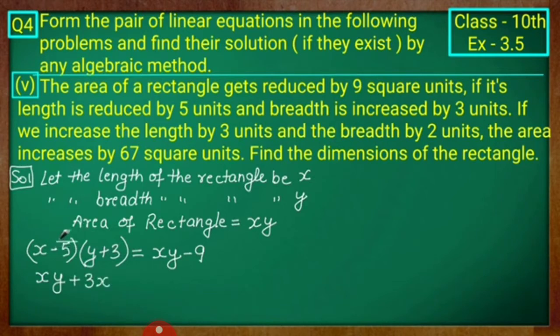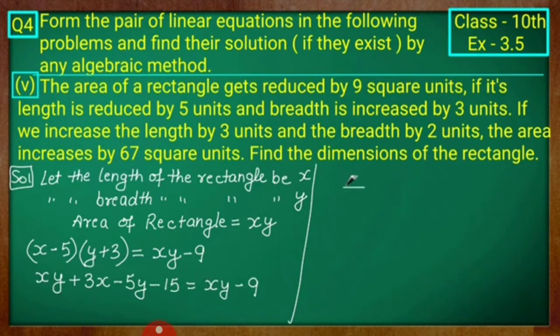Now minus 5 is multiplied with y, so minus 5y, and minus 5 into 3 is minus 15. This is equal to xy minus 9.